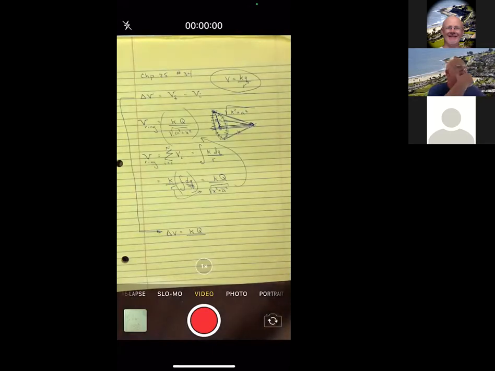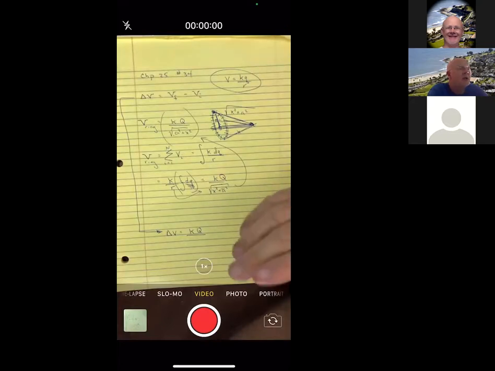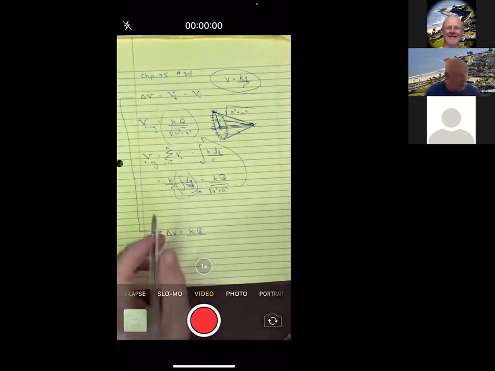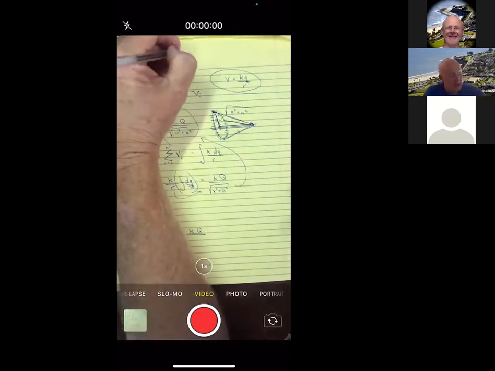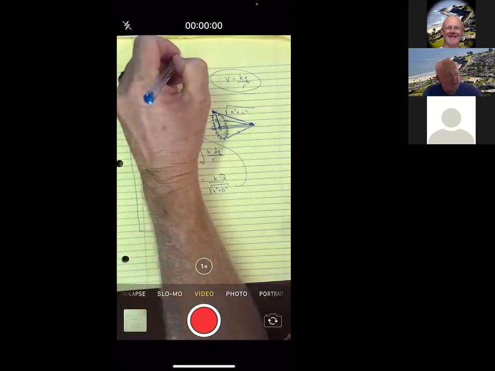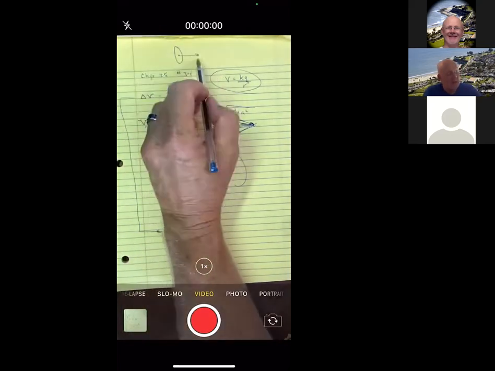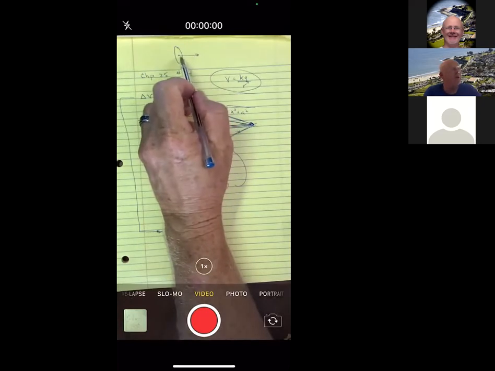It says, let's see, what is the potential difference between the point at the center of the ring and the point on its axis, a distance of 2r? Now, they don't really say which way it's moved from. They don't really say if we're going to be moving from the center of the ring out, or we're already out and we're moving in.